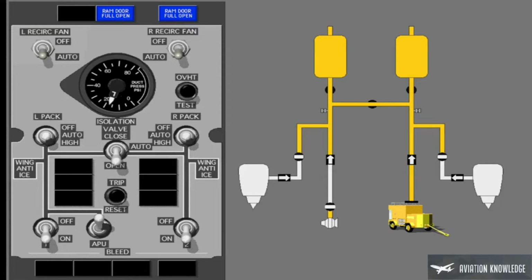To start, select the isolation valve to auto. Now, turn on the APU bleed. The APU supplies air to the left pack, and the external air cart supplies air to the right pack.